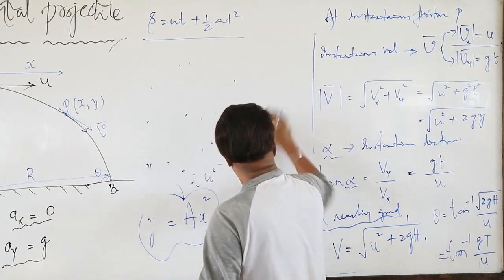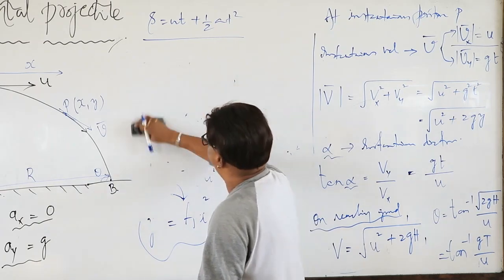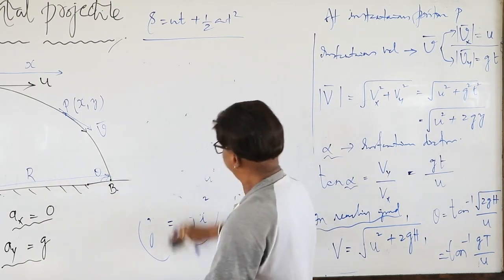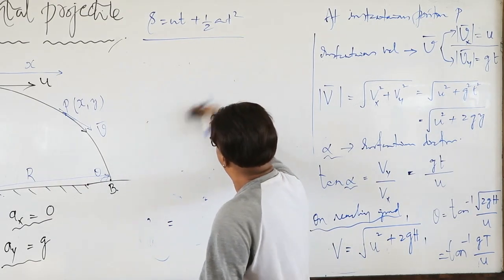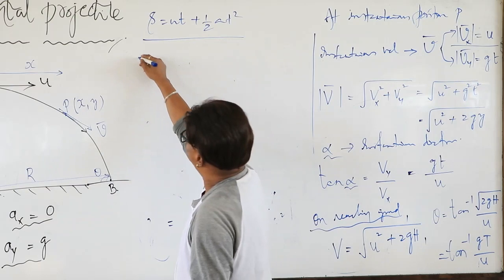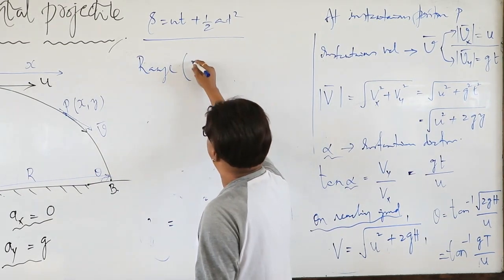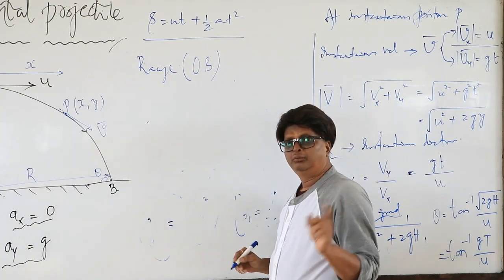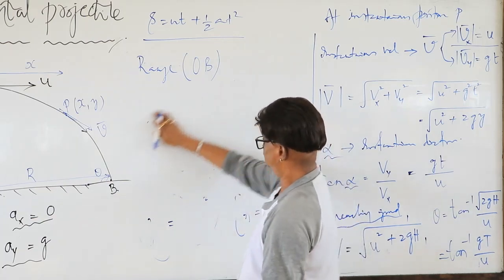Which direction are we taking? Range is in the horizontal direction, right? In the given figure, range is nothing but OB. When you are taking OB, it is nothing but horizontal displacement.